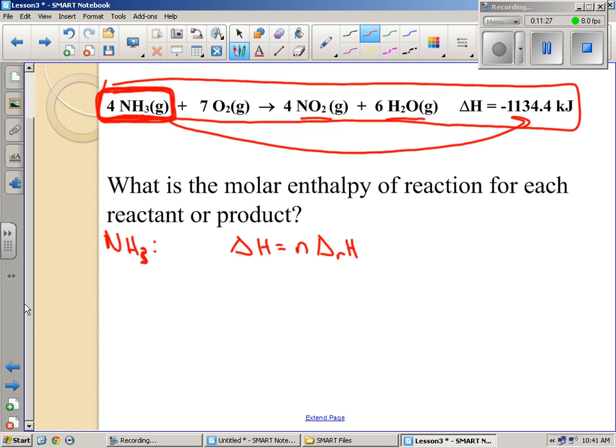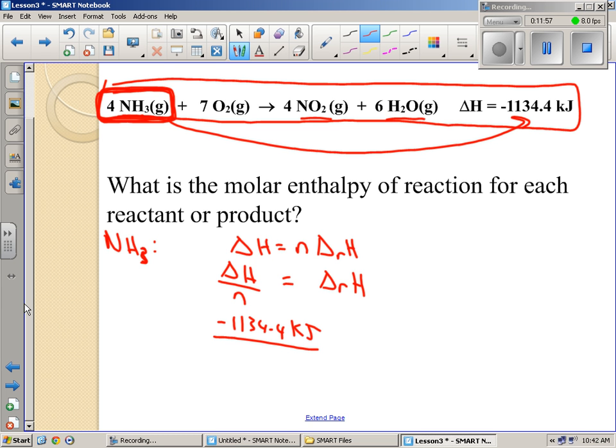And once again, I'll show you a few different things. If I want to figure out delta rH, in other words the molar enthalpy, do I not just take delta H and divide it by n, right? Yes? So delta rH for ammonia here is delta H, which is negative 1134.4 kilojoules.